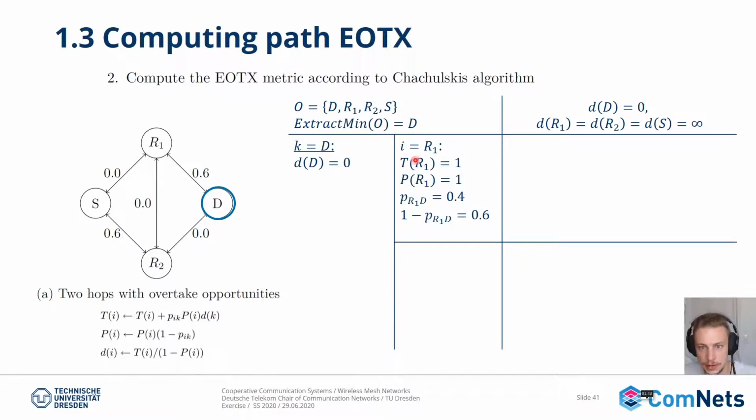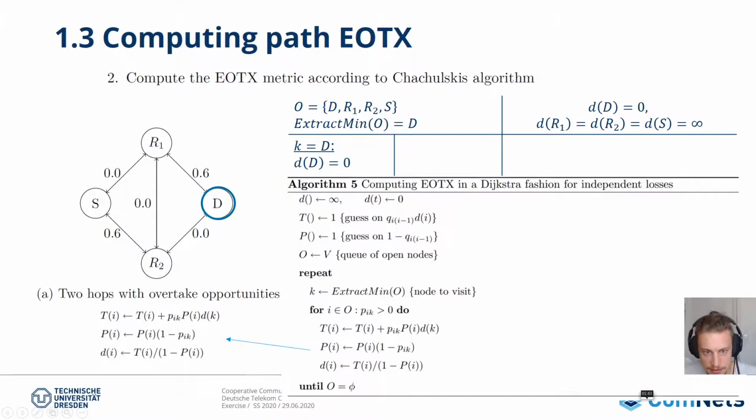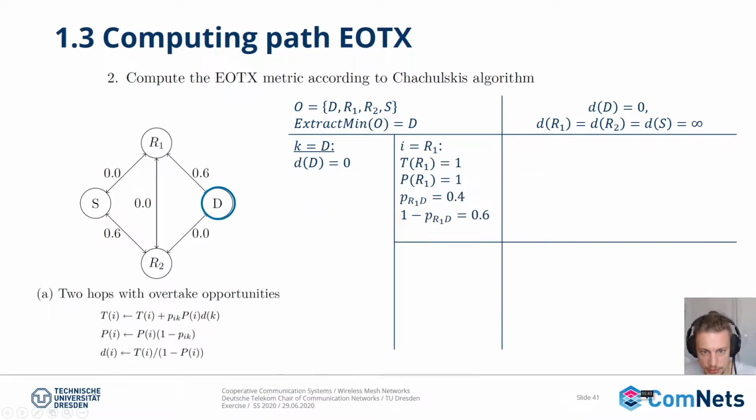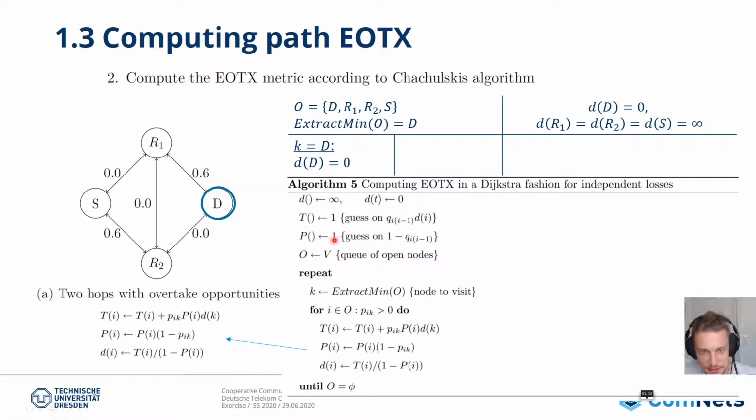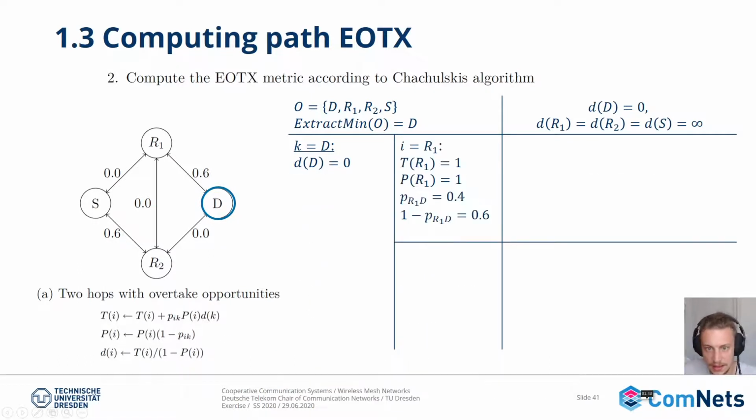So at first we look up the values for R1, where the initial guess here is still valid, so we haven't calculated, so we use 1 here, and the connection of R1 to D has a loss probability of 0.6 and a success probability therefore of 0.5.